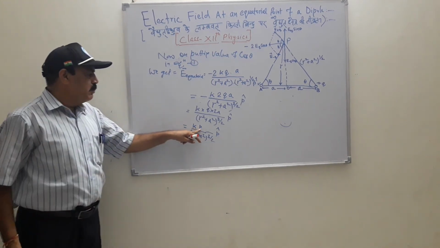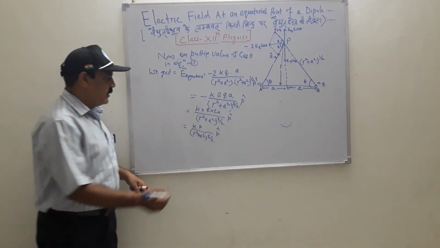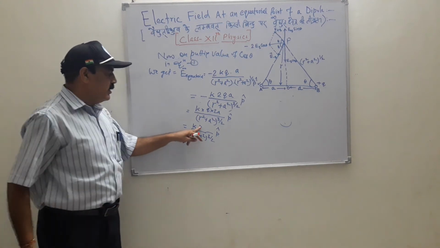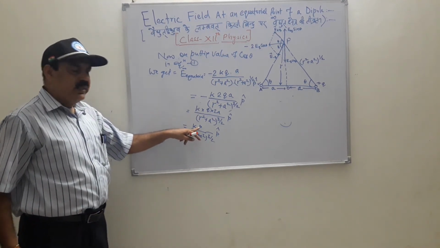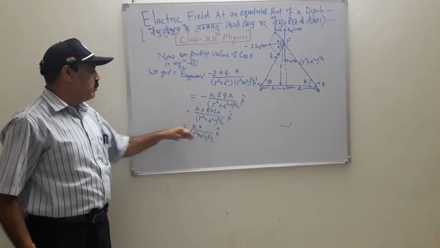Here p is the dipole moment, the magnitude of the dipole moment.